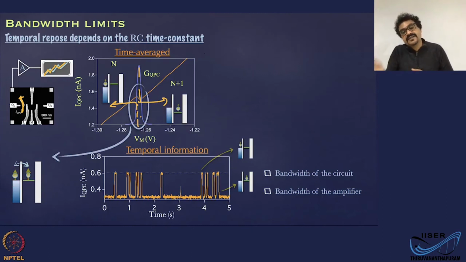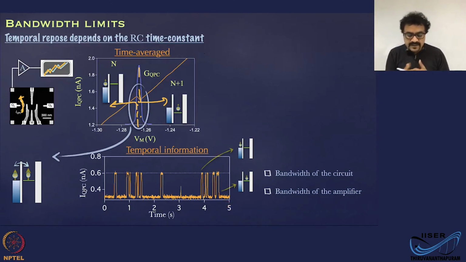What that means is that an electron can actually tunnel in or out at will. That is driven by the thermal energy available. Okay, that's a fluctuating charge motion back and forth between the dot and the reservoir. And I'm going to measure the current through this device, the sensor, versus time. That's what I'm going to do.